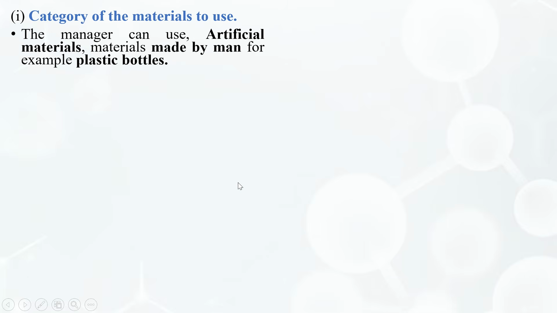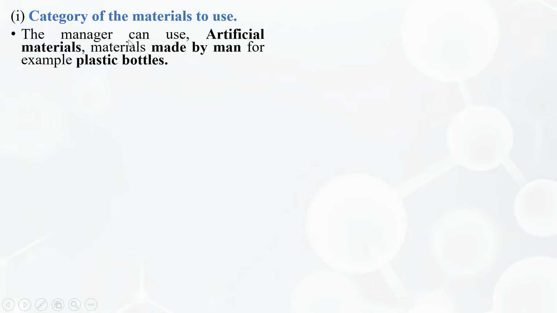Let's look at it very fast. So let's look at the category of the materials to use. Don't forget it is a juice business, and they want to make bottles, packaging bottles, and they are looking at which category of material can they use. Look at this.